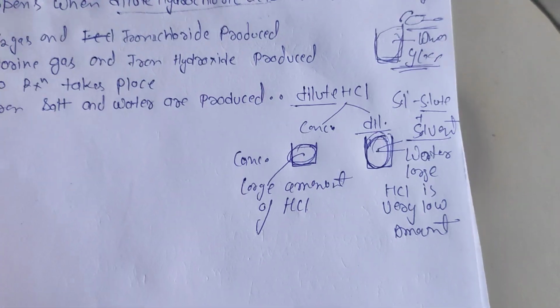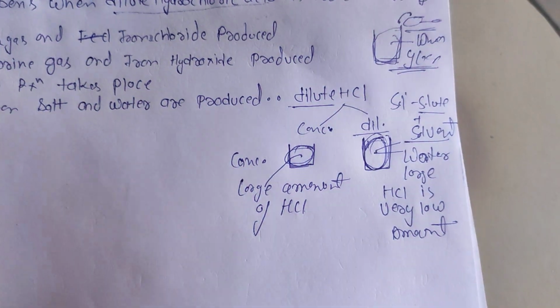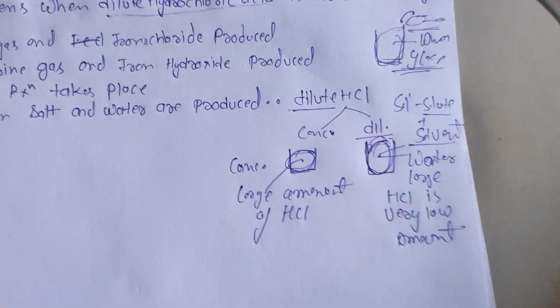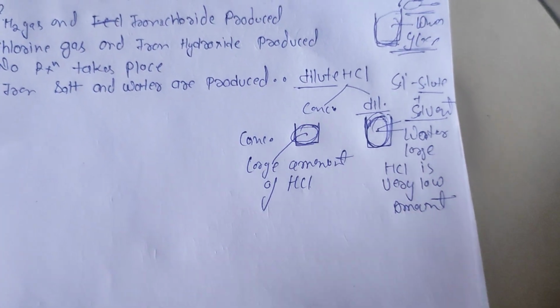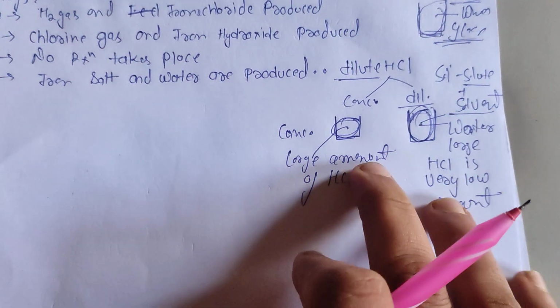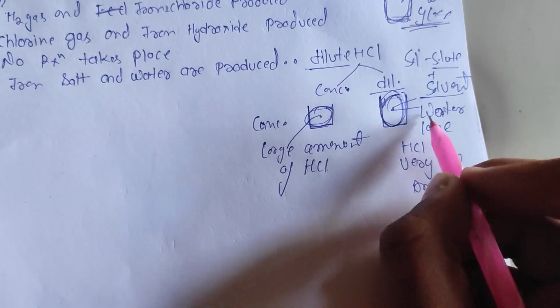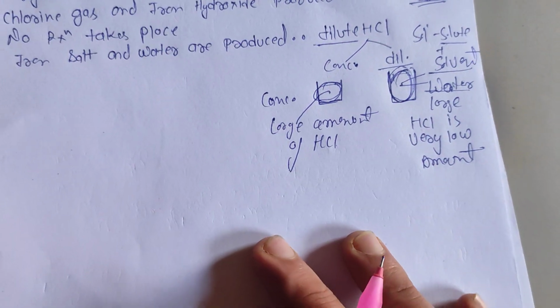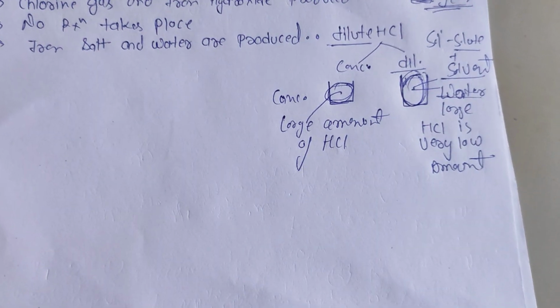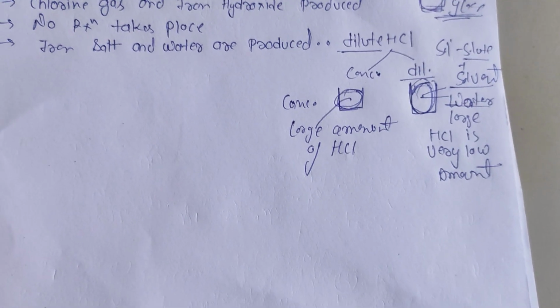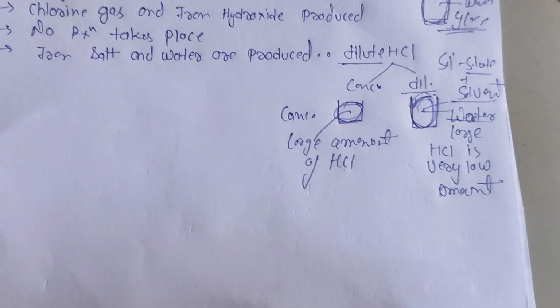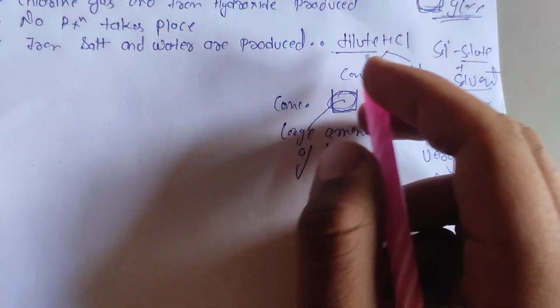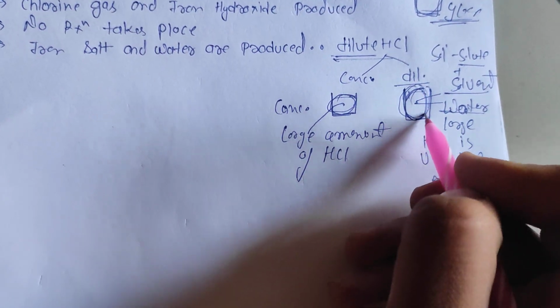Dilute means less amount dissolved in a large amount of water, a large amount of solvent. You are in class 10, so we generally say solvent is water. In higher classes, you use organic solvents like ethanol, polar solvents, non-polar solvents like benzene. We will talk about that further. So this is the meaning of dilute and concentrated HCl.